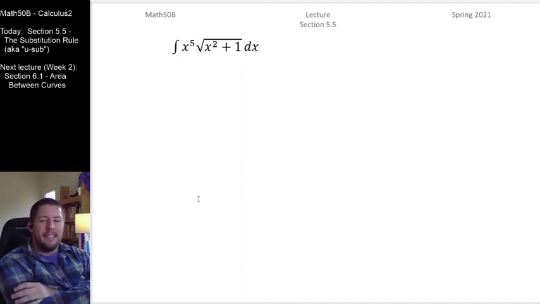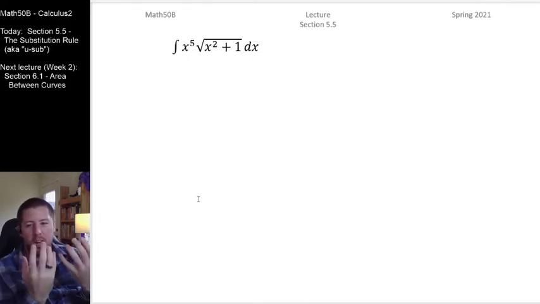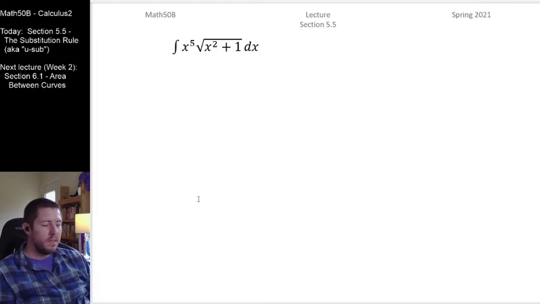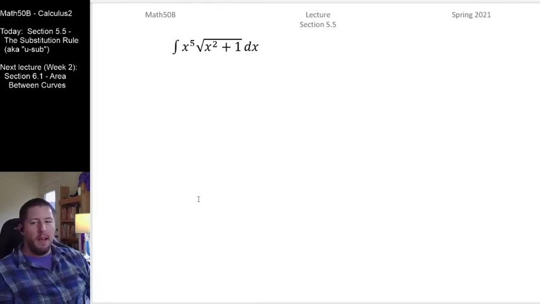I wish that there was a product rule for integration, since I have the product of two functions inside of my integrand, x to the 5th and square root of x squared plus 1. But we don't. There's just no such thing as a product rule for integrals. Well, there sort of is. We're going to get it. The 7.1 is sort of the product rule for integrals, but it's weird. It's not going to work out quite the same.